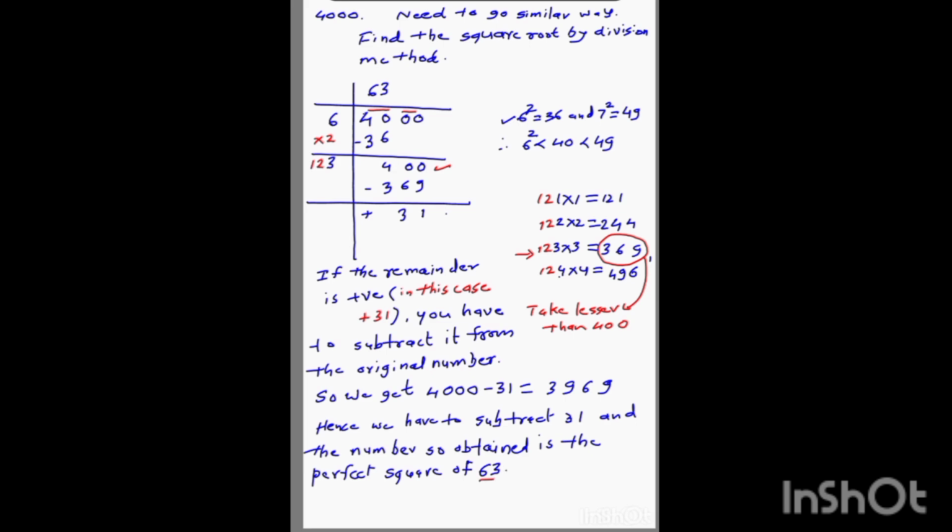See, and where is the 63? It is here. We have already found it out. I told you this is 63. So that answer is the square root of the number found after subtracting 31. See now the final answer, the square root is 63. Okay, fine.